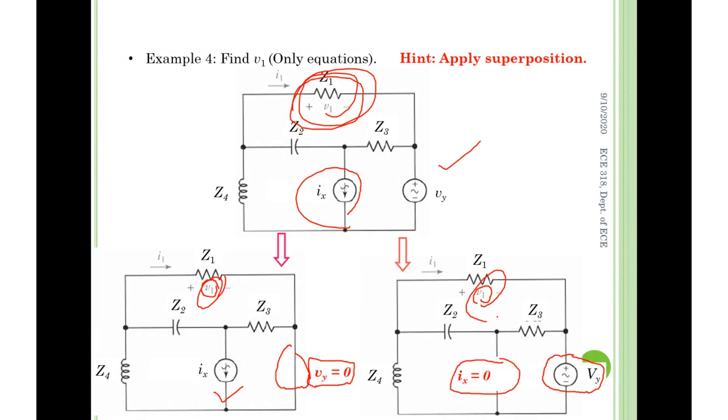The total original V1 just equals this V1 plus this V1. All right, any questions regarding superposition? This is one of the important circuit principles, or say circuit analysis skills, you learn from 235.